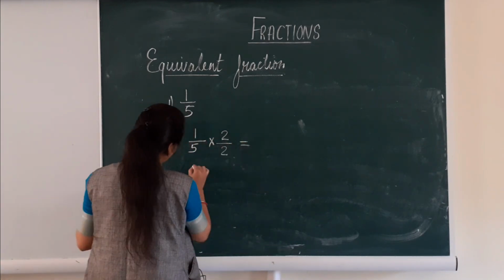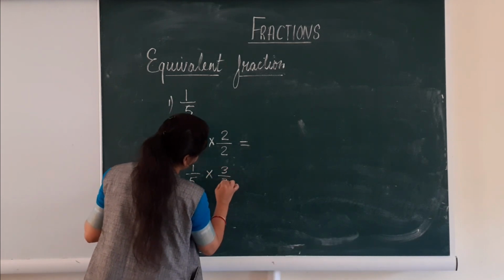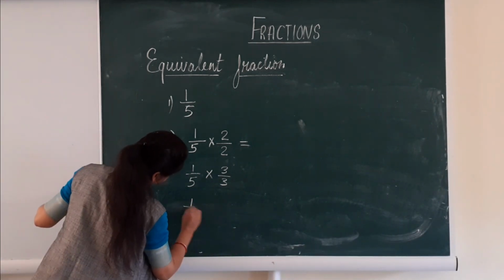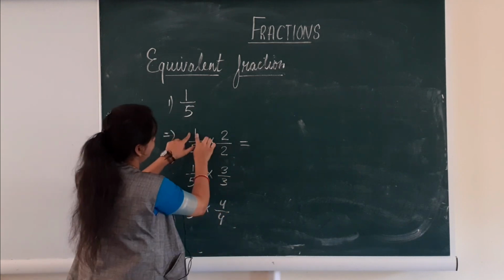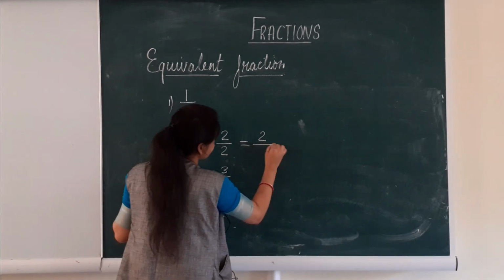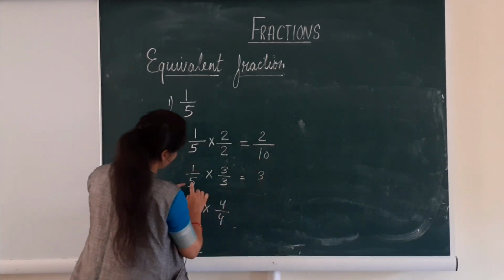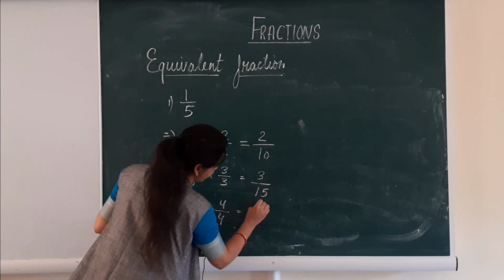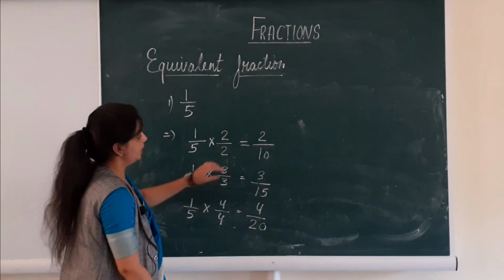So what is the answer? Next, 1 by 5 multiplied by 3 by 3. They are asking next 3. So 1, 2 and 3. 4 by 4. 1 two times 2, 5 two times 10. 1 three times 3, 5 three times 15. 1 four times 4, 5 four times 20.